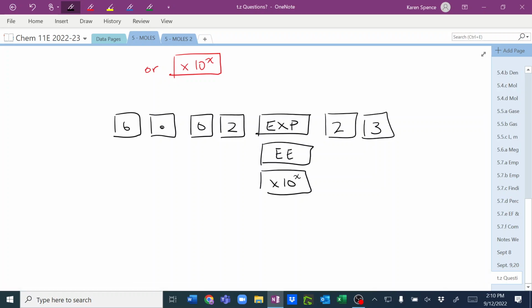You can do it without this button, but then you're using a lot of brackets. Okay.